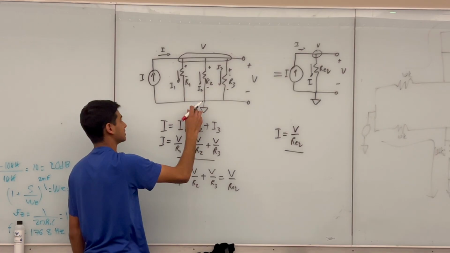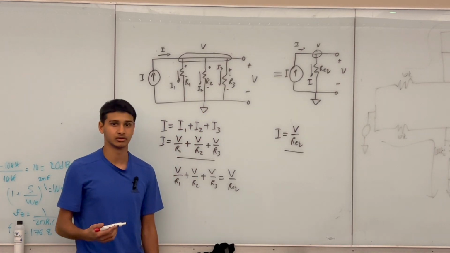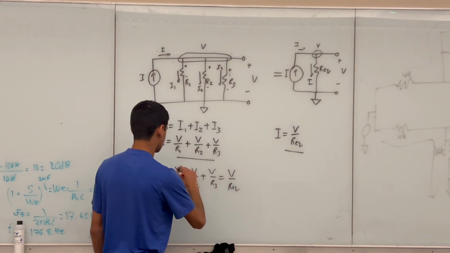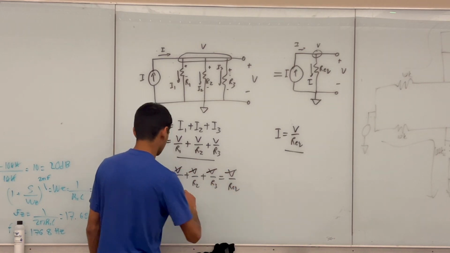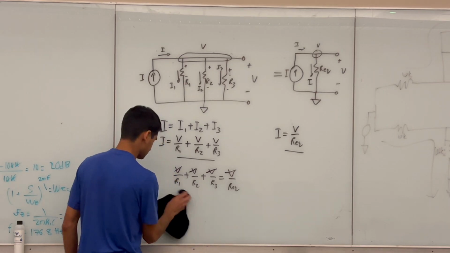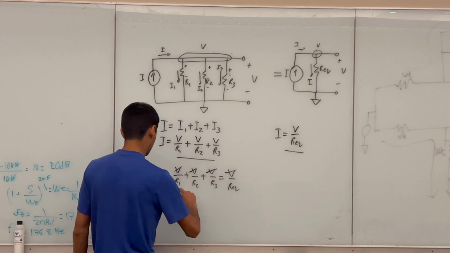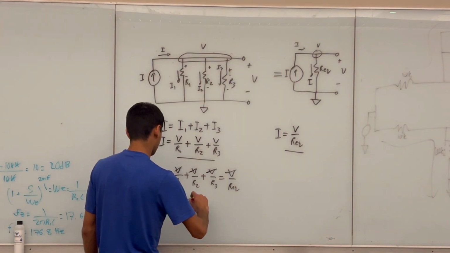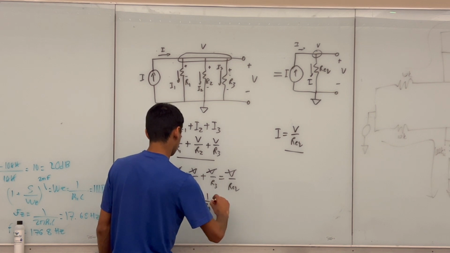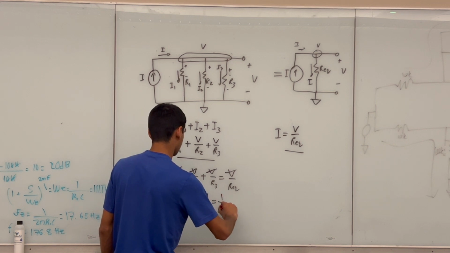If they're connected to the same two nodes, that means the components have the same voltage across them. And so I'm going to cancel out the V, and I'm left with this equation. So 1 over R1 plus 1 over R2 plus 1 over R3 equals 1 over REQ.